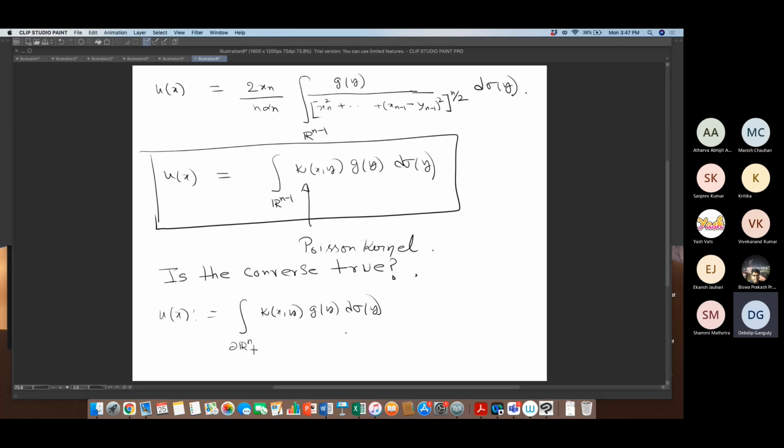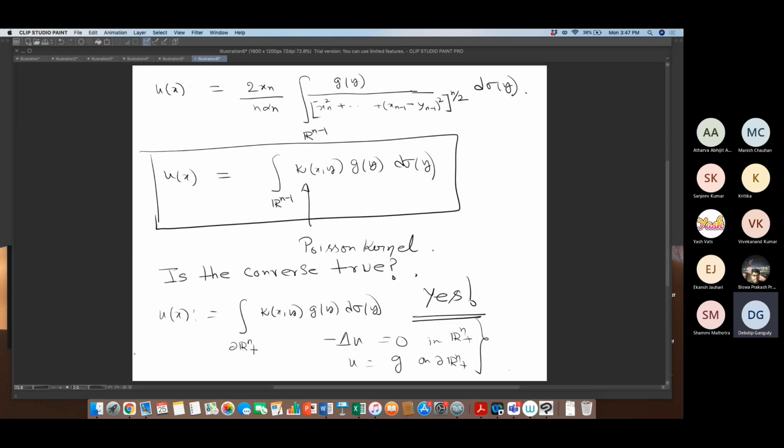Then is minus Laplacian of u equal to 0, and u equal to g on del Rn? Is that true? Yes, this is also true.